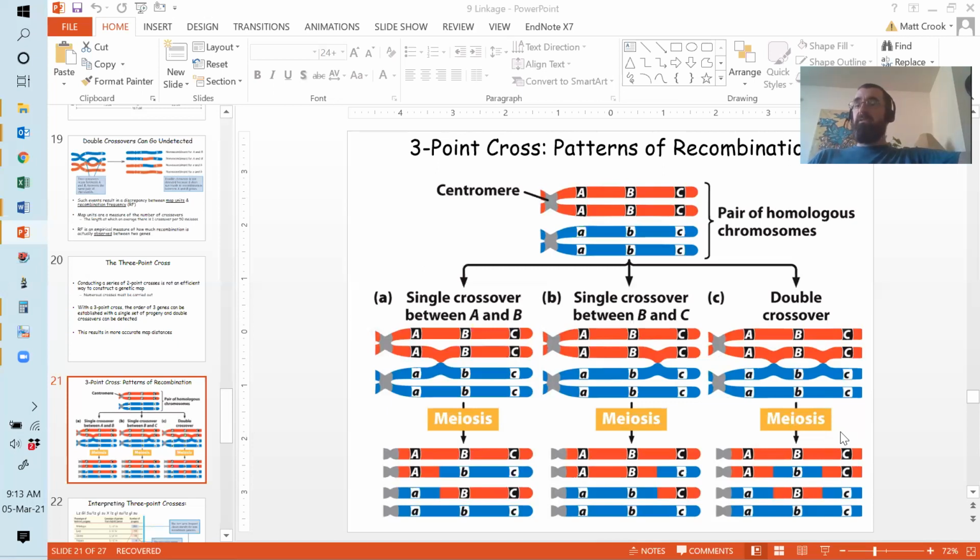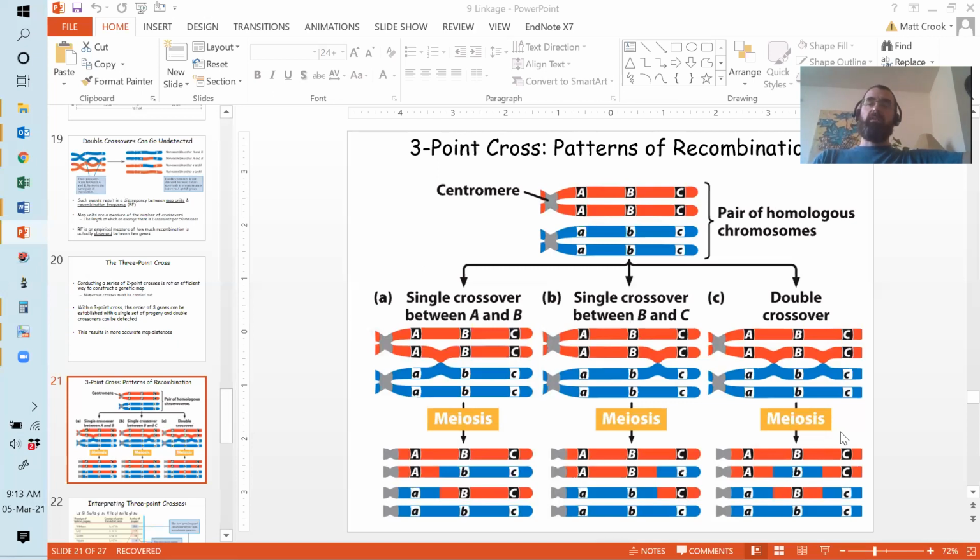Because these recombination events are independent of each other and they're random. And so you're asking, how often do I get two independent events? What's the rule for independent events? Do you add the probabilities together or do you multiply them?